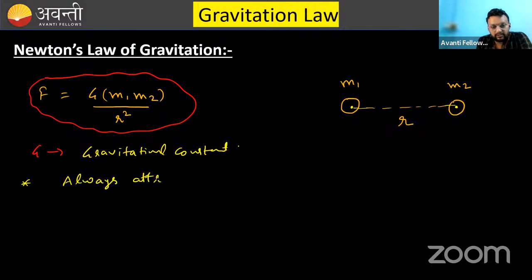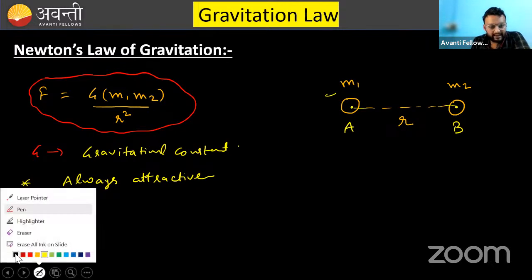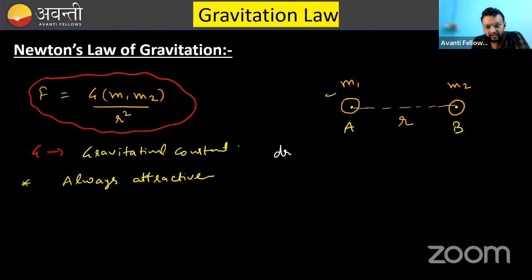Now, what is the meaning of this? Whenever a mass, like suppose M1 is there, it will try to attract M2 and M2 will try to attract M1. Let's suppose this is point A and this is point B. So what will be the direction of the gravitational force FAB? What is the meaning of FAB? How will you pronounce it?